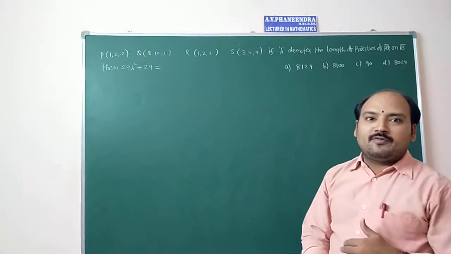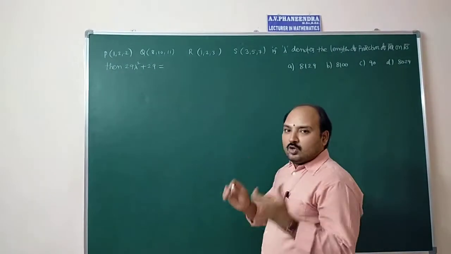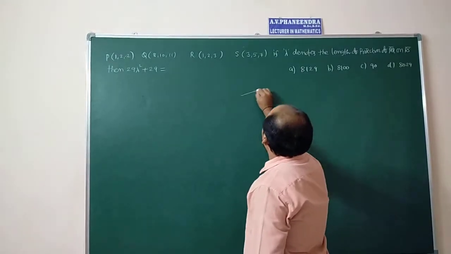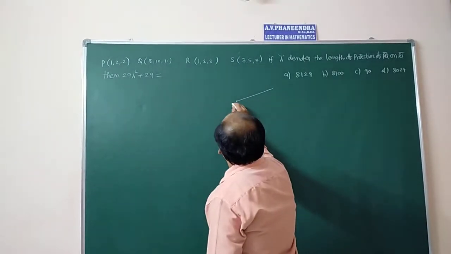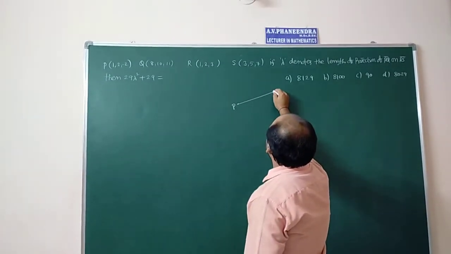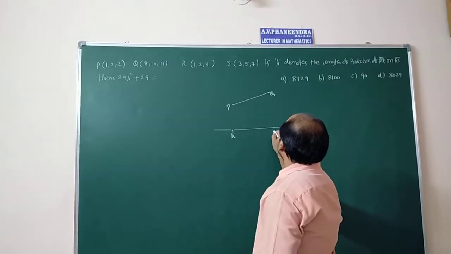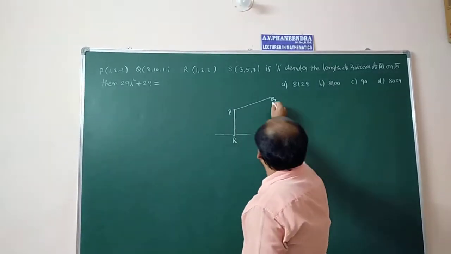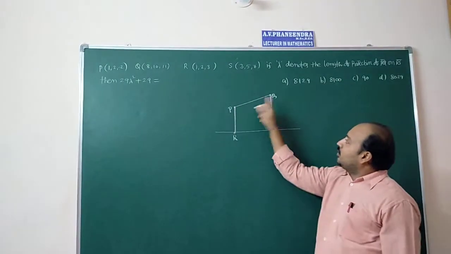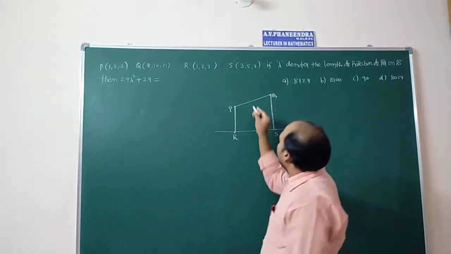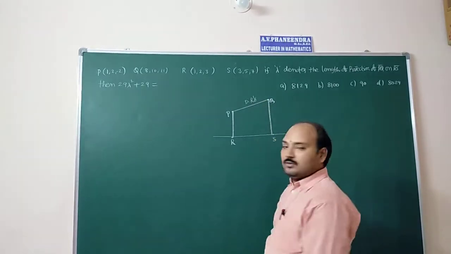First, you have to know the formula for the length of projection of AB bar on CD bar. Suppose you remember the logic. The length of projection of PQ on RS is given. So the P point is here and the Q point is here, and on RS we can take the points like this. Whenever they ask the length of projection of PQ on RS, you calculate the direction ratios of the PQ line.